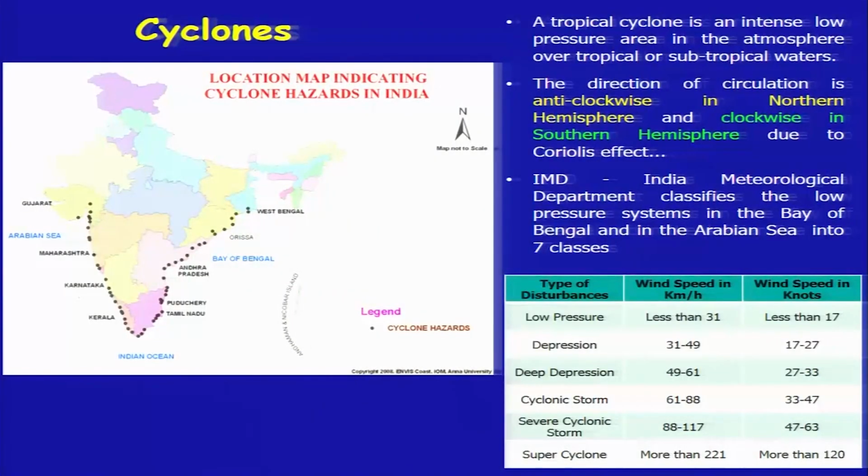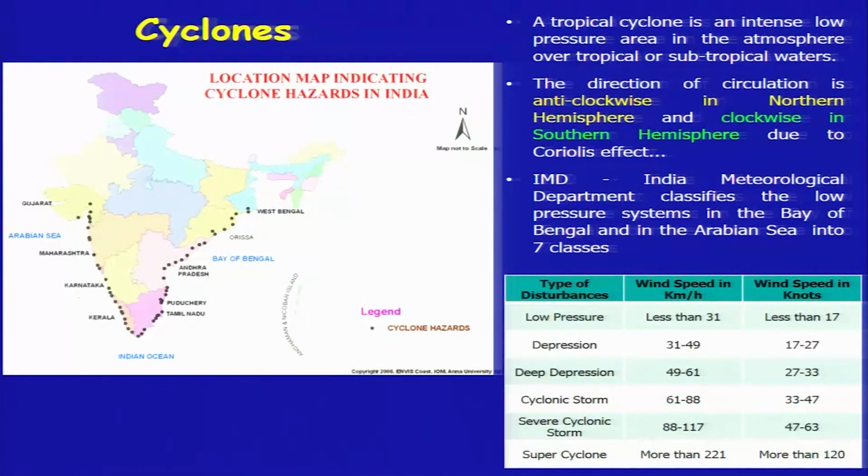So usually the tropical cyclones are very intense, and it is because of the intense low pressure areas in the atmosphere over tropical and subtropical waters. Now one of the most important points which you should remember is the direction of circulation, that is how the circulation will take place when these cyclones are formed or developed.